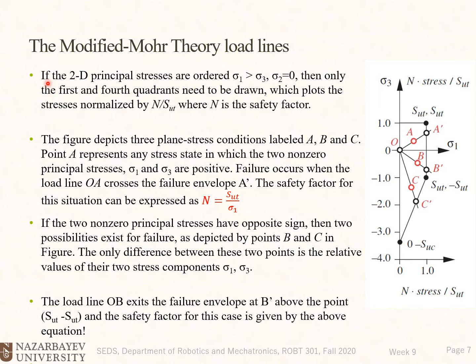If the 2D principal stresses are ordered, so sigma 1 is more than sigma 3 and sigma 2 is 0, it's a 2D case, so sigma 2 is 0. Then only the first and the fourth quadrant need to be drawn, either the first or the fourth, which plots the stresses normalized by n divided by SUT, where n is the safety factor.